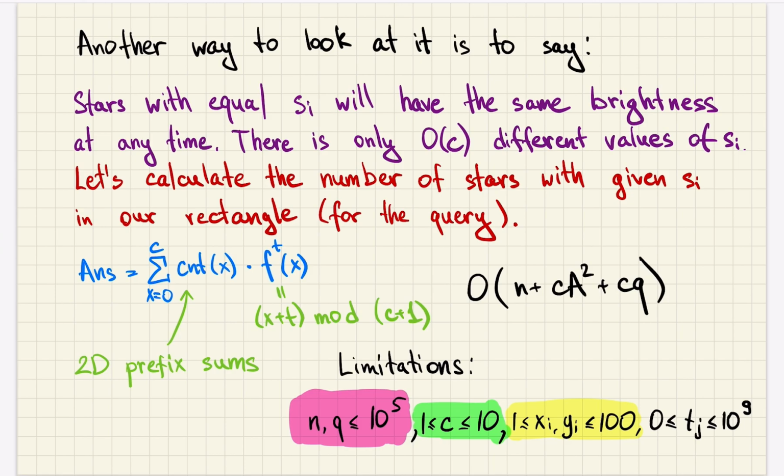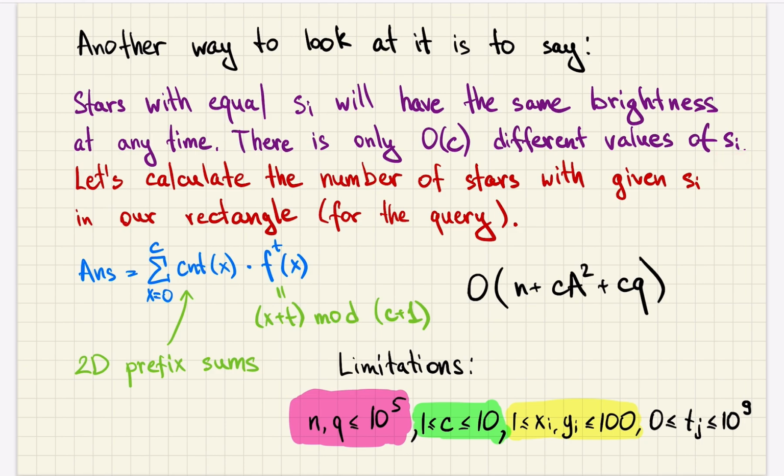They change the same. So if we group the stars by their values of Ci, then all of them will have the same value of brightness at any moment of time. And there are only c plus 1 different values of initial Ci.